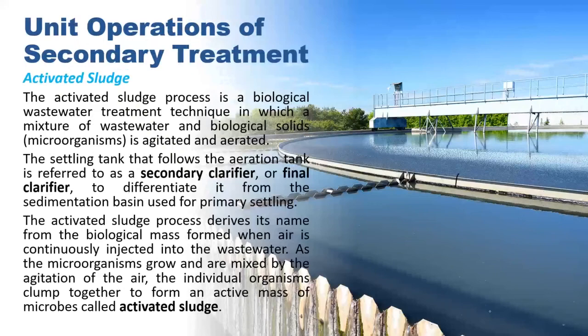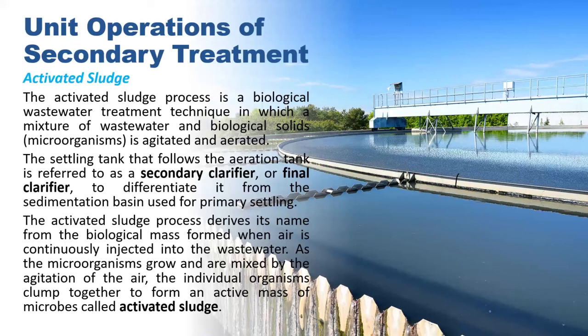Now let's move on to the unit operations of secondary treatment. So we have the activated sludge. The activated sludge process is a biological wastewater treatment technique in which a mixture of wastewater and biological solids is agitated and aerated. The settling tank that follows the aeration tank is referred to as a secondary clarifier or final clarifier to differentiate it from the sedimentation basin used for primary settling.